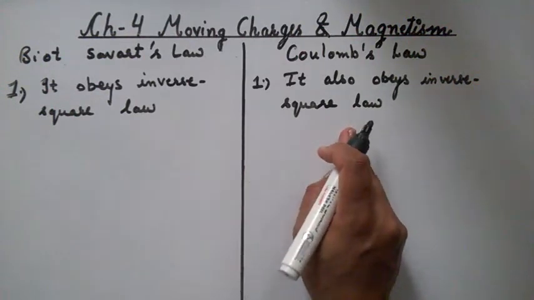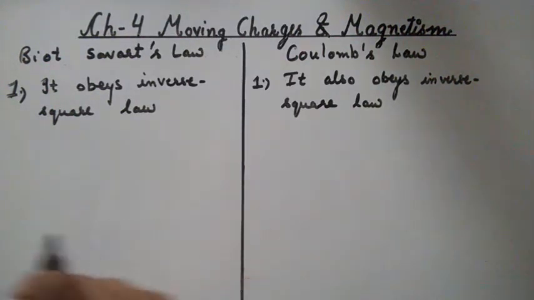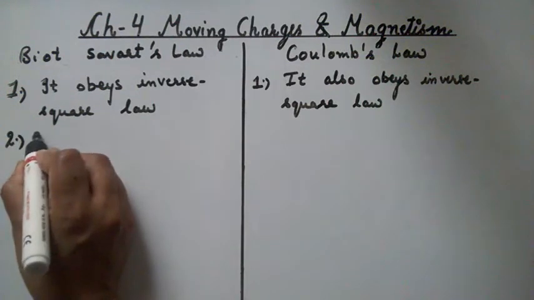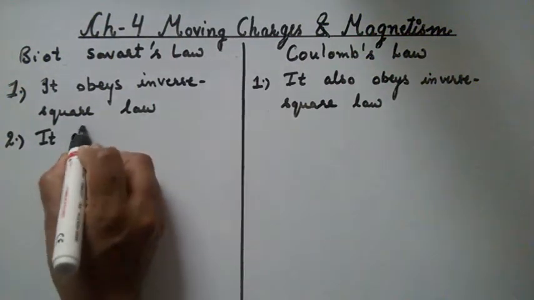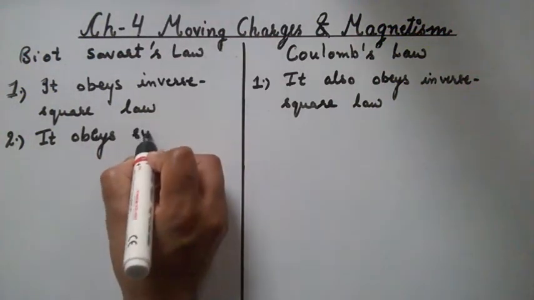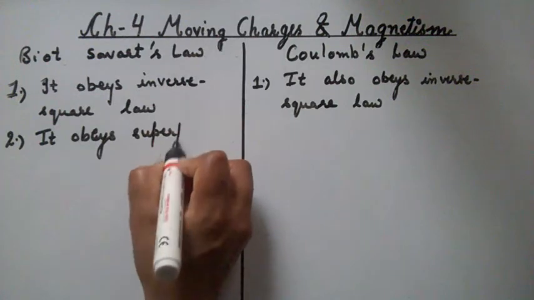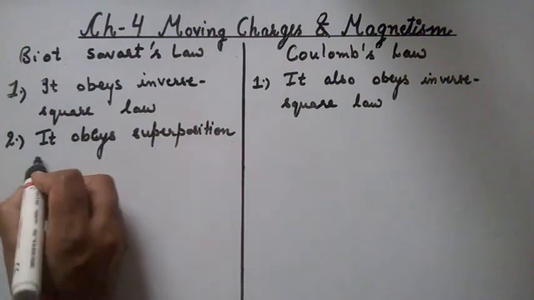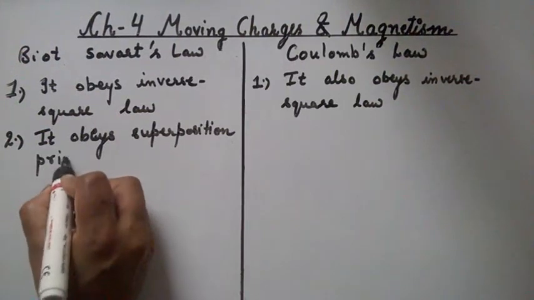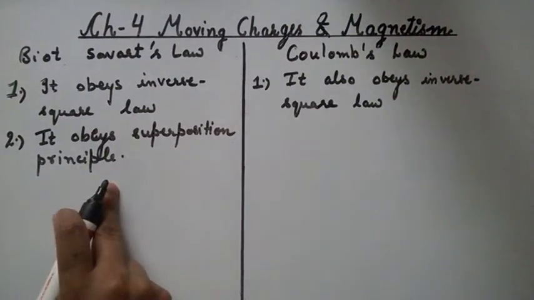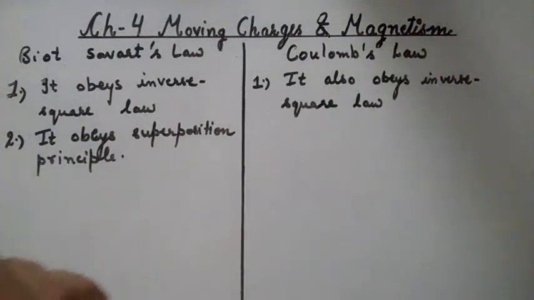Force is given by k q1 q2 by r square. The next comparison is that it obeys the superposition principle. That is, the magnetic field of a source is the vector sum of the magnetic fields due to individual sources.